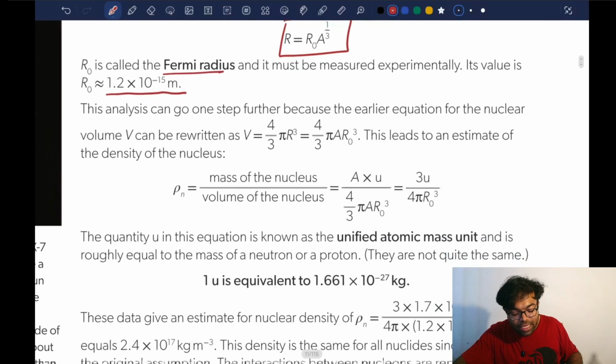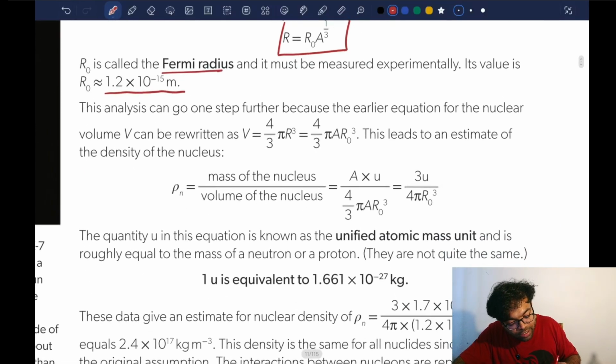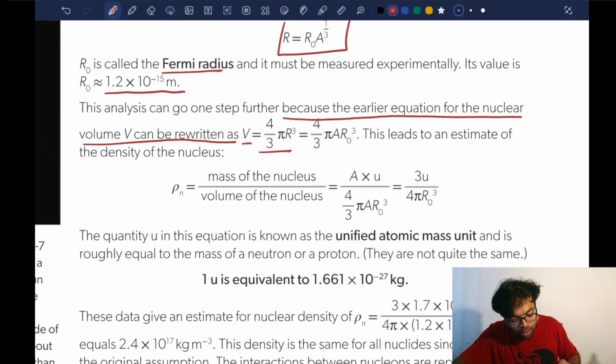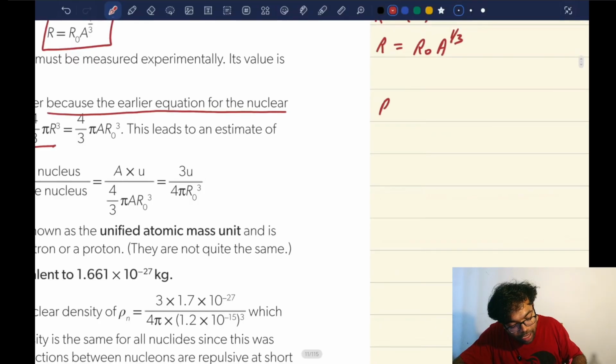This analysis can go one step further, because the earlier equation for the nuclear volume can be written as V is equal to 4 by 3 pi r cubed. So instead of r cubed, you can write r naught A to the power 1 by 3, the whole cubed.